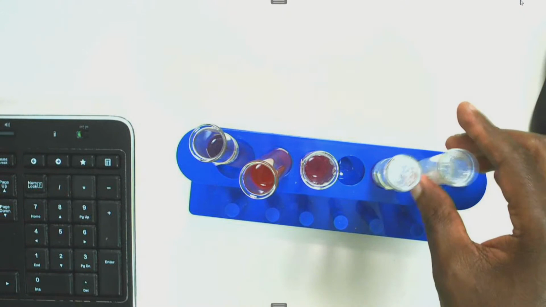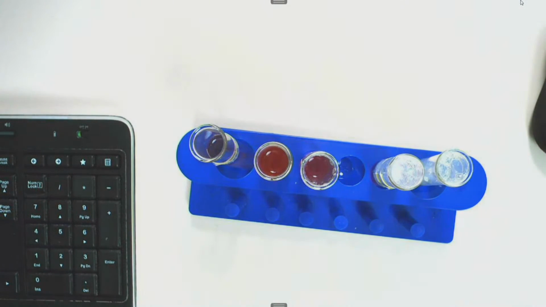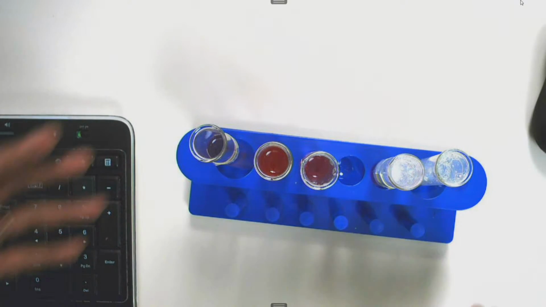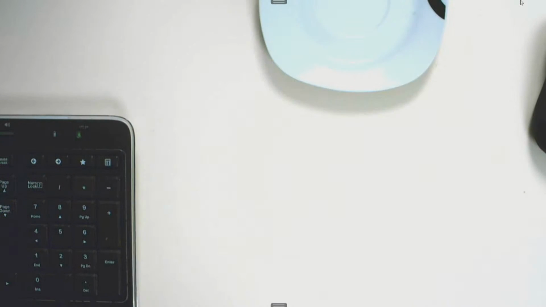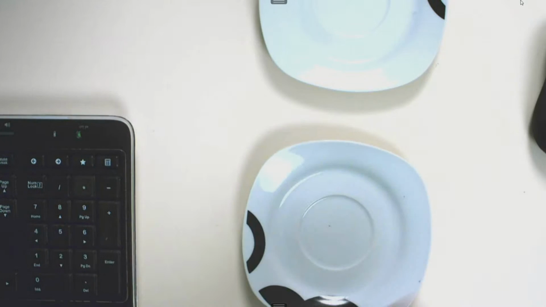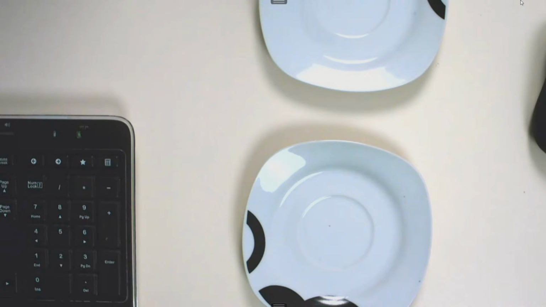Good. Right. We can also compare this experiment using the following. Let us demonstrate using our litmus papers. Good.